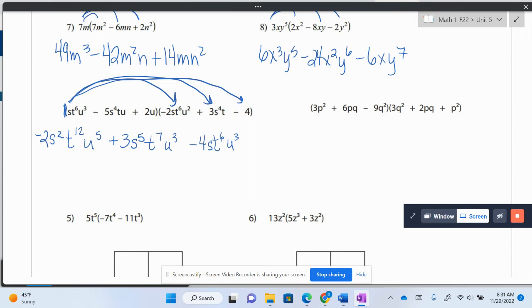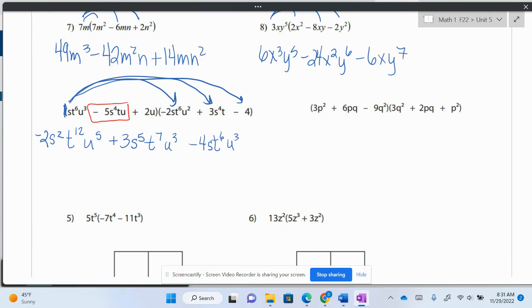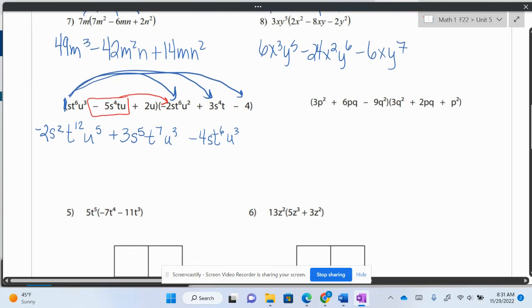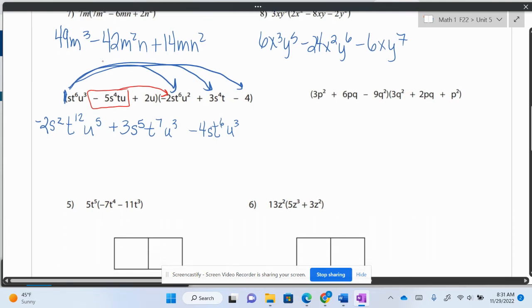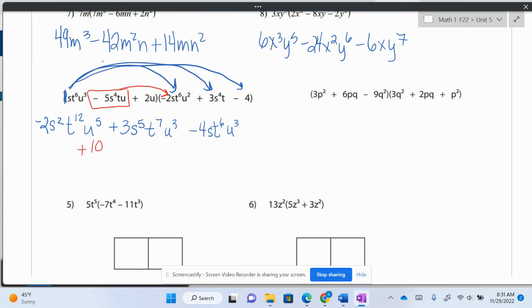Now I have to do the next term. So I have -5 s to the 4th tu, and I'm going to multiply that by -2 s t to the 6th u squared. So -5 times -2 is a +10. I'm just putting it down below. S to the 4th times s is s to the 5th.